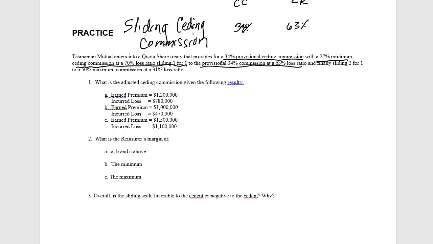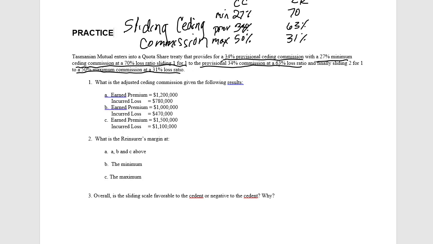We'll talk about the slide in a minute. So that was a 27% minimum at a 70% loss ratio. And let me label this provisional. Then you're given a 50% maximum at a 31% loss ratio. And this is your scale.